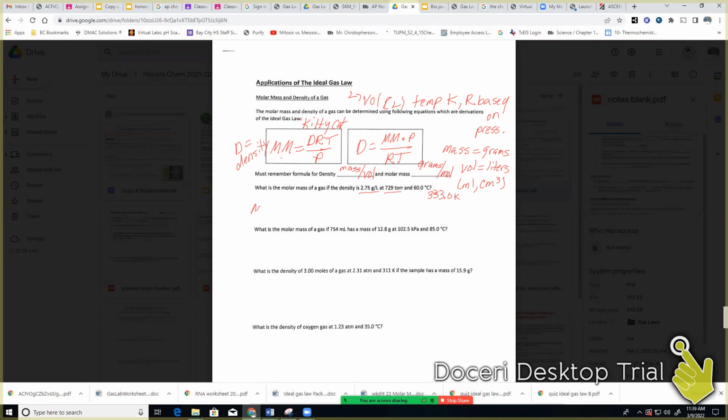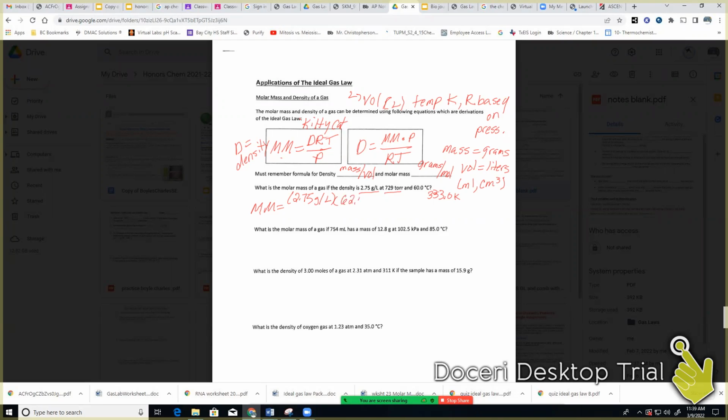So molar mass is going to be equal to my density, which is 2.75 grams per liter, times my R. My pressure's in torr, which is the same thing as millimeters of mercury.